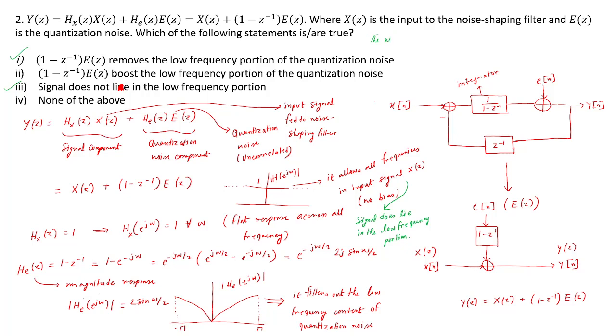The noise shaping filter boosts the SQNR, especially in the low frequency region.